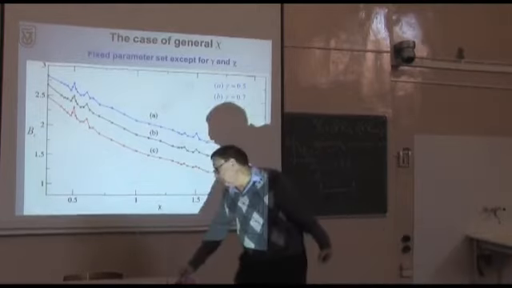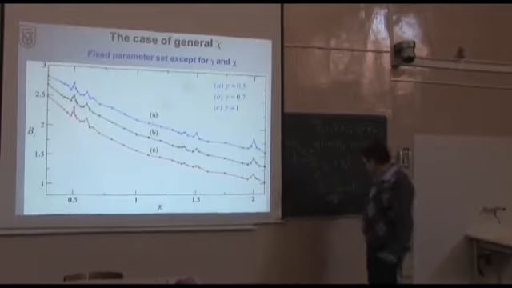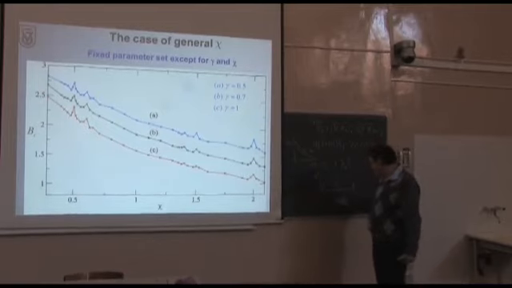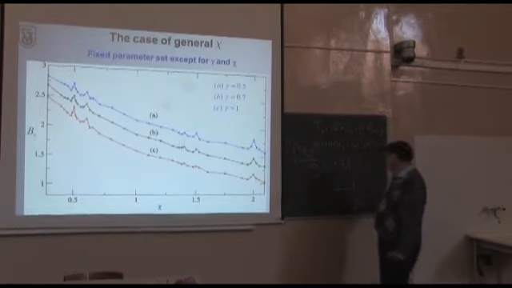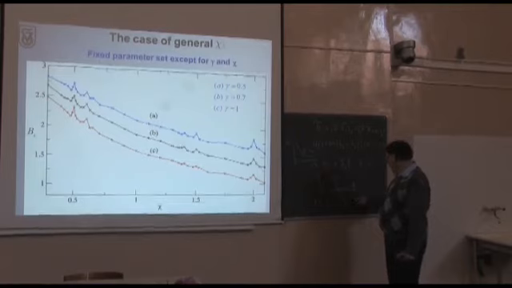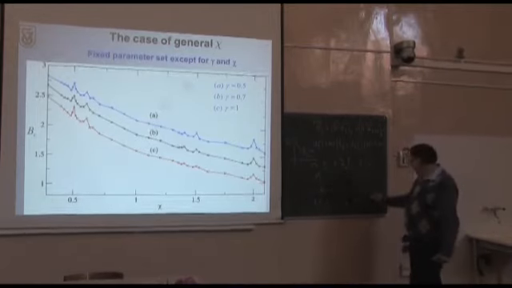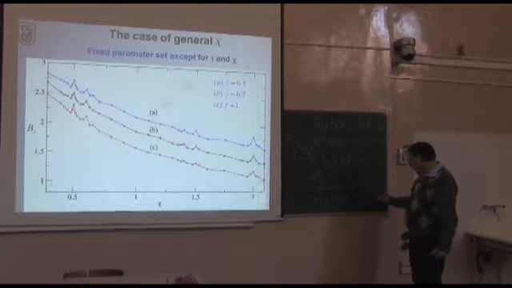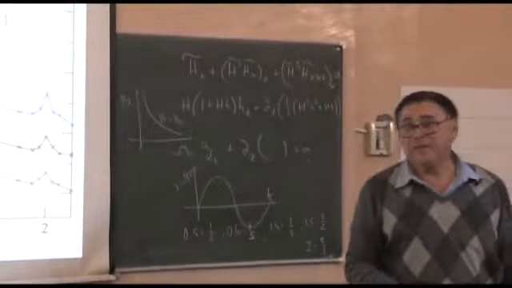What is common is the following. 0.5, sorry for the arithmetic, is 1 divided by 2. 0.6 is 3 divided by 5. 1.4 is 7 divided by 5. 1.5 is 3 over 2, and 2 is, sorry about the trivial things, 2 divided by 1.